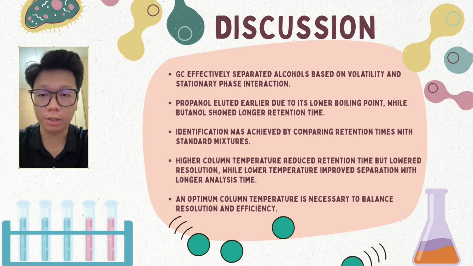Propanol eluted earlier due to its lower boiling point, while butanol had a longer retention time because of stronger intermolecular interactions. Column temperature influenced the result, where higher temperature reduced retention time but lowered resolution, while lower temperature improved separation with longer analysis time. Therefore, an optimum column temperature is required for efficient analysis.